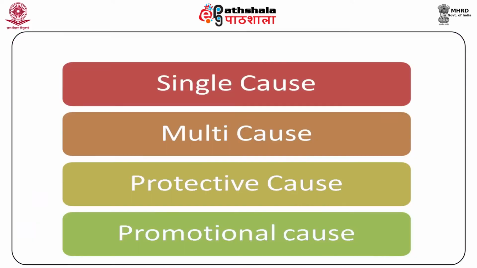As for the types of actions undertaken by these pressure groups, there are 4 types of actions or issues. One could be a single cause. The pressure group focuses on a single cause, such as environmental conservation, health issues, education and so on. Then multi-cause.